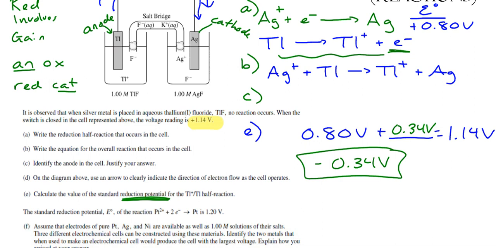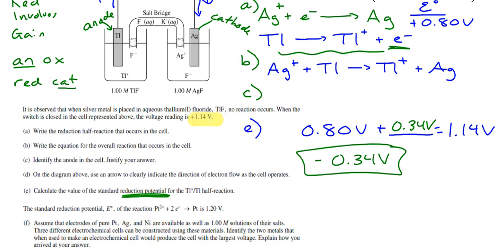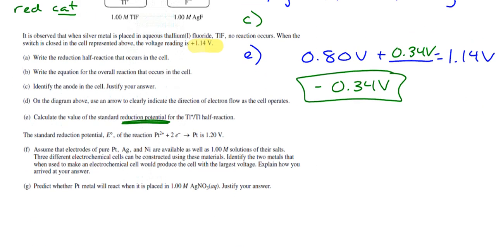So if I have negative 0.34 and 0.8, I'm going to flip the negative one, and I'm going to make the most positive voltage that I can. And that would be it. We are getting close, but let's see, what did they give us? This is difficult because you don't have the list. It's okay. The standard potential of the reaction for platinum is 1.2 volts.